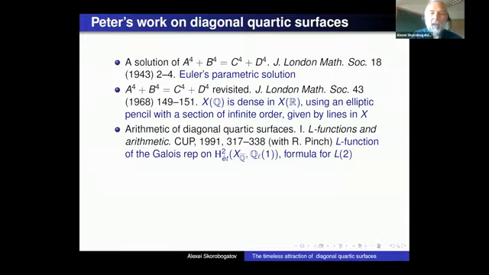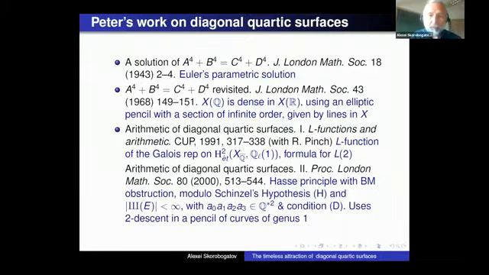So yeah, let me continue. The next paper about diagonal quartic surfaces is a very complicated paper which goes in a different direction. In that paper, Peter was interested in the Hasse principle with the Brauer–Manin obstruction.